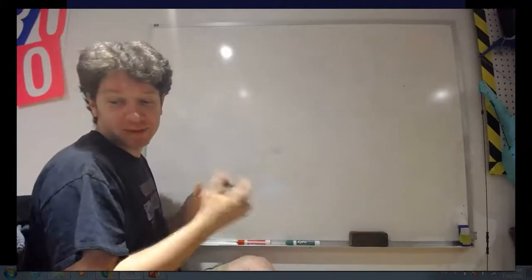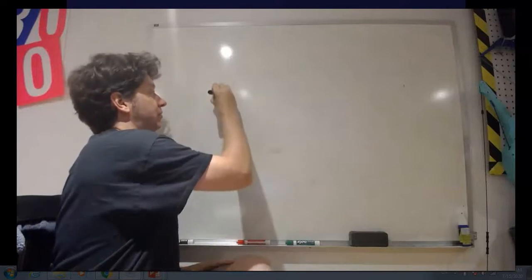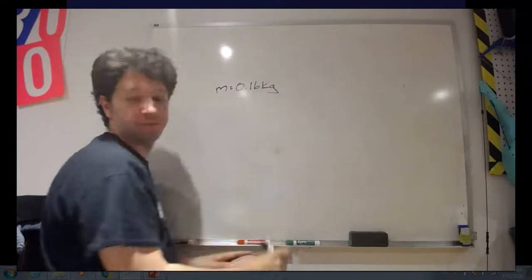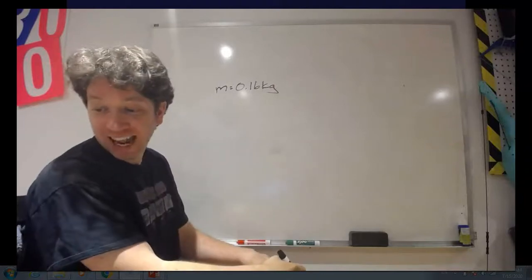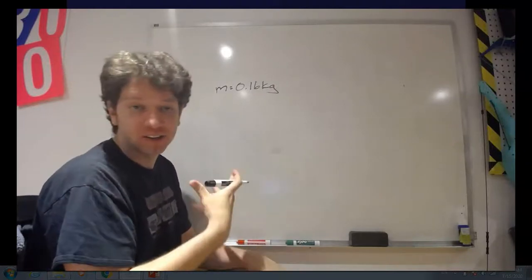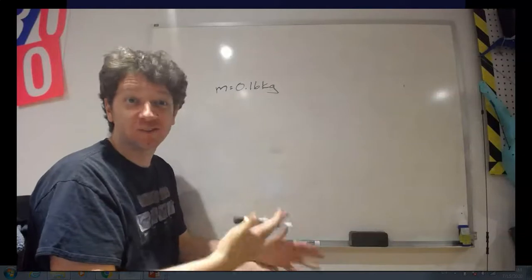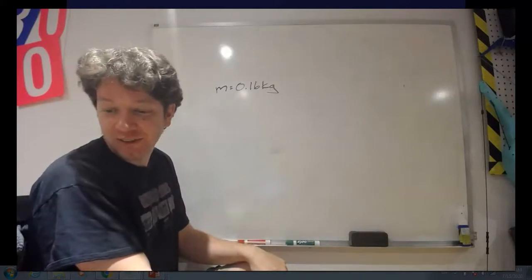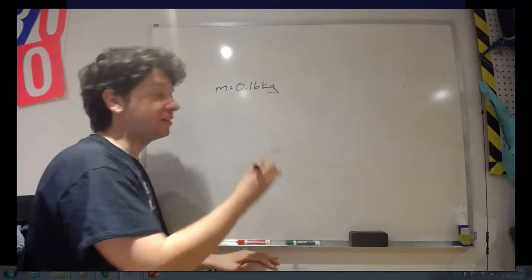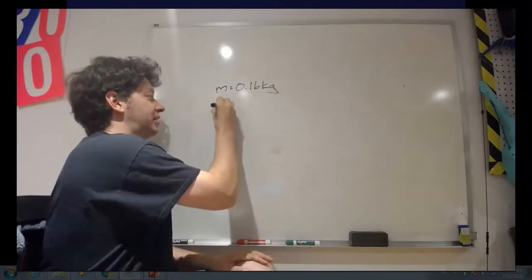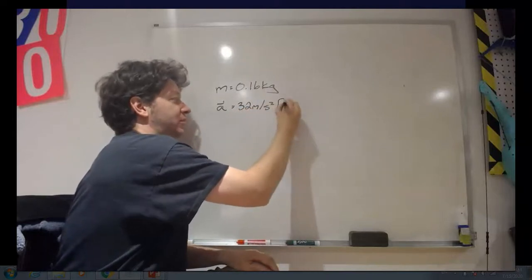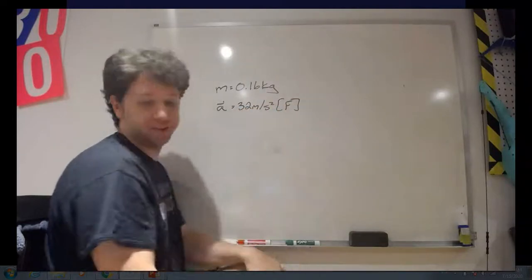So they give us the mass, 0.16 kilograms, initially at rest on the ice. Usually when I say ice, it means there's no friction. We'll get to friction later. The resulting acceleration of the puck has a magnitude of 32 meters per second squared. So acceleration is 32 meters per second squared, and I'm just going to write forward.